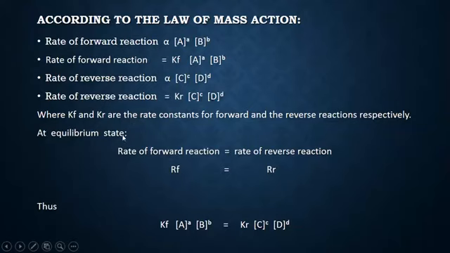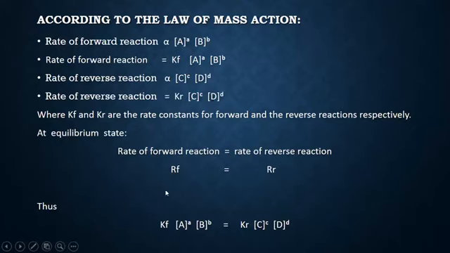At equilibrium state, the rate of forward reaction is equal to the rate of reverse reaction. When both reactions begin, then a time will come when both the reactions, forward and reverse, become equal. It means that RF is equal to RR.